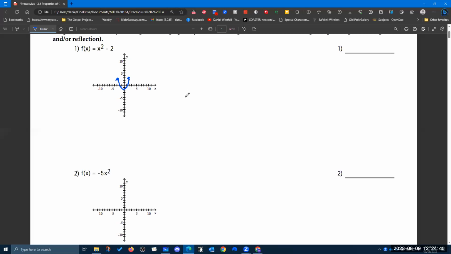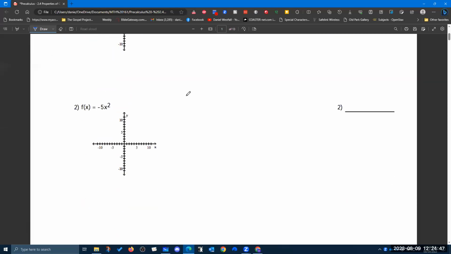This one is also already written in vertex form. We don't have anything to do to that, but we do have a reflection and a stretch here. So we're going to start with the vertex staying at 0, 0. Now when I go right 1, I need to go down 5. When I go left 1, I need to go down 5.